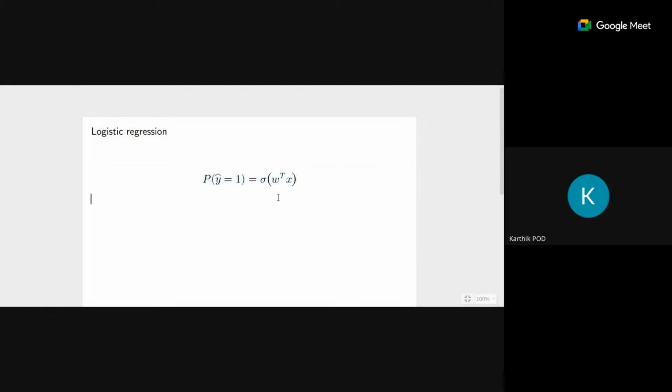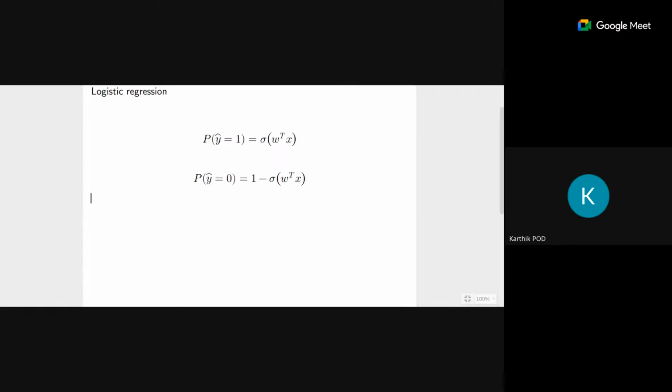So this was the probability that we associated with the predicted label being 1, and 0 is just 1 minus this, right? Now this can be seen as tossing a coin.